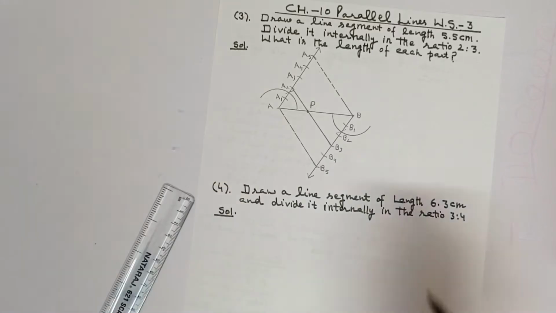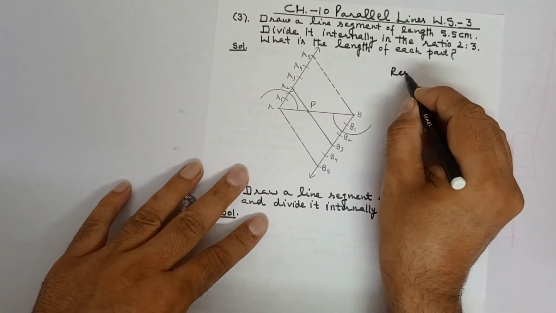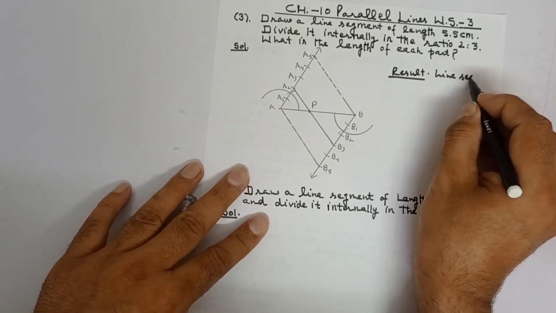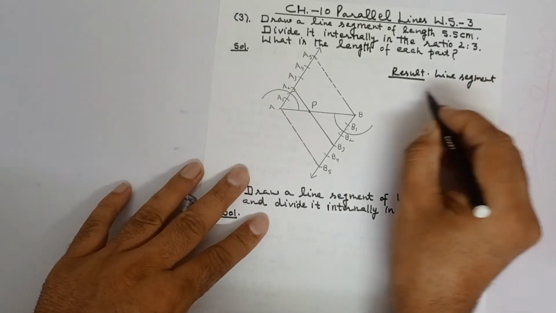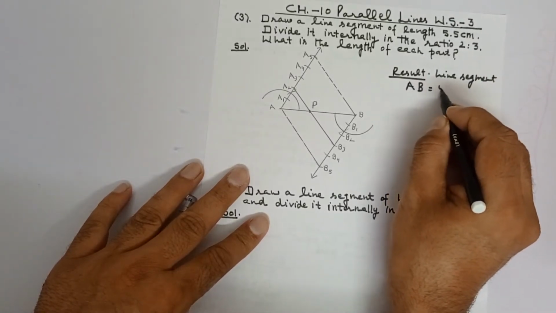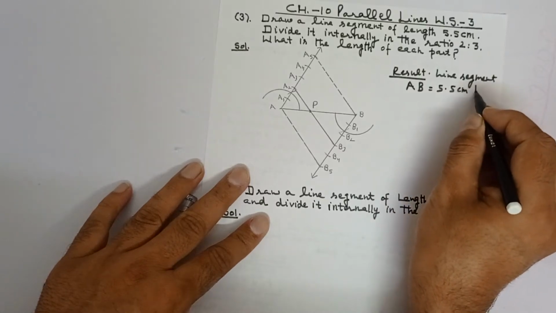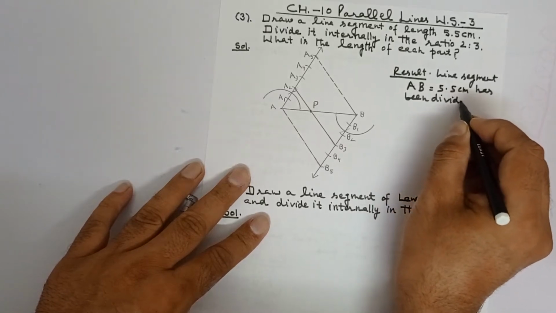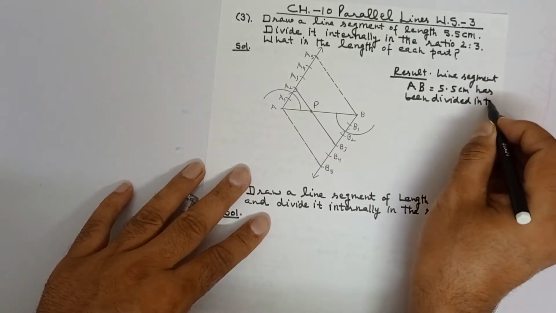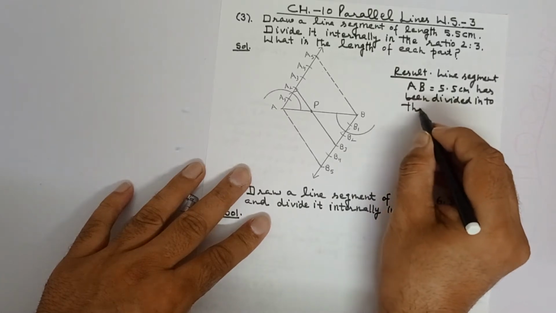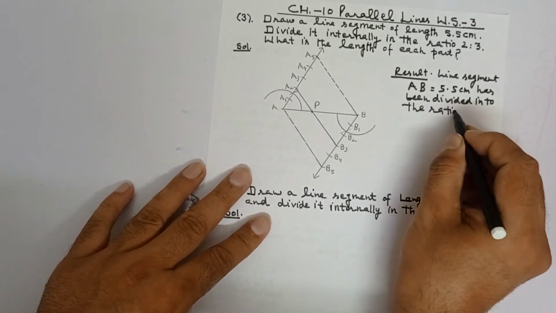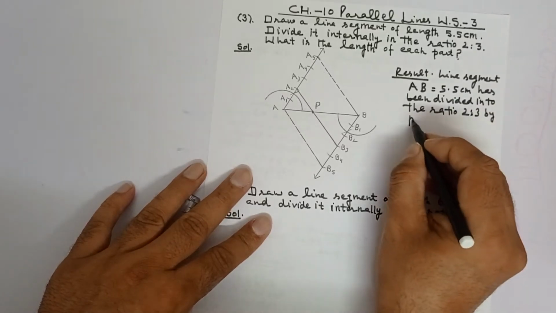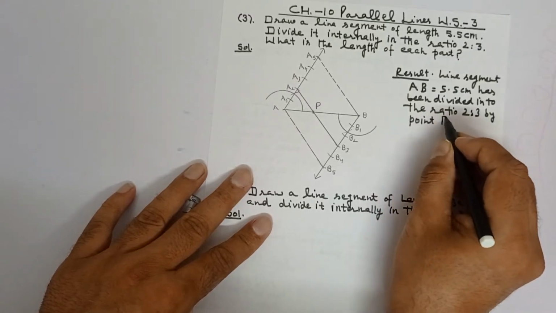The result is to be written: line segment AB equal to 5.5 centimeter has been divided into the ratio 2:3 by point P. Point P is dividing this in the ratio 2:3.